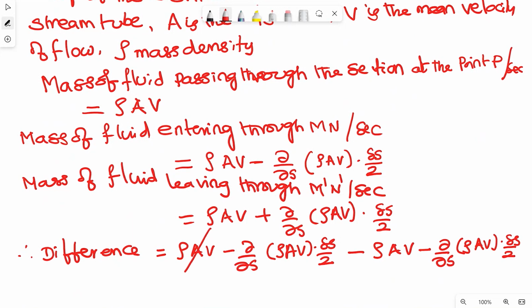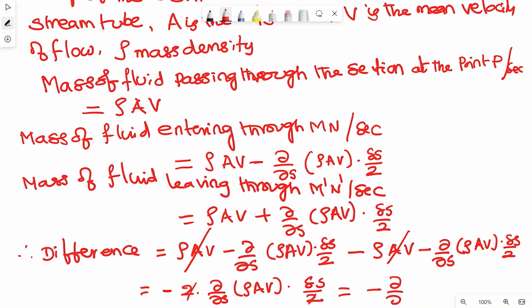So rho AV gets cancelled. It is minus 2 into dou by dou S of rho AV into delta S by 2. This 2 and 2 cancel. Finally, it is equal to minus dou by dou S of rho AV into delta S. So this is equation 1.